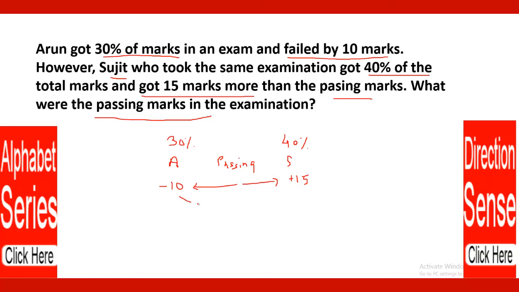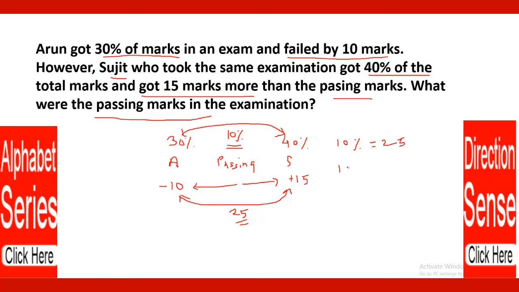So if you see the difference between these two marks, minus 10 and plus 15, this difference will be 25. And the difference between the percentages, 40% and 30%, is 10%. So this shows that 10% is equal to 25 marks.